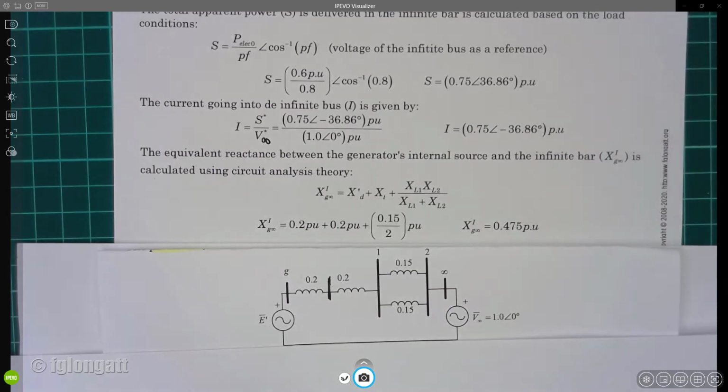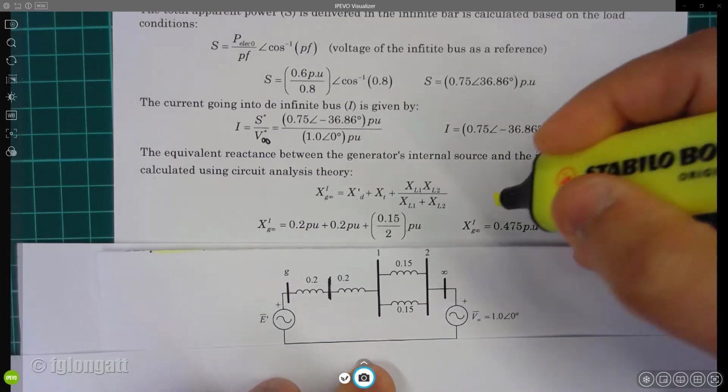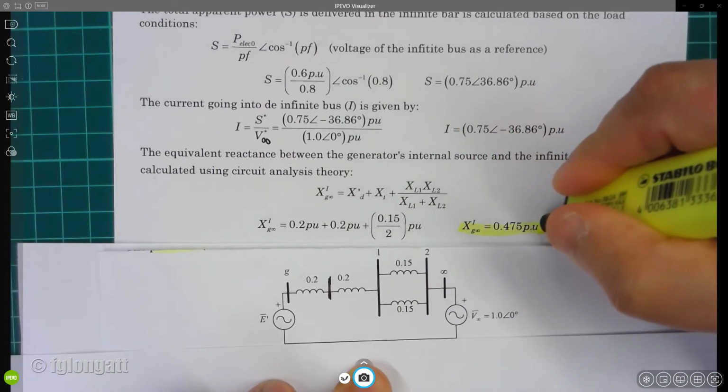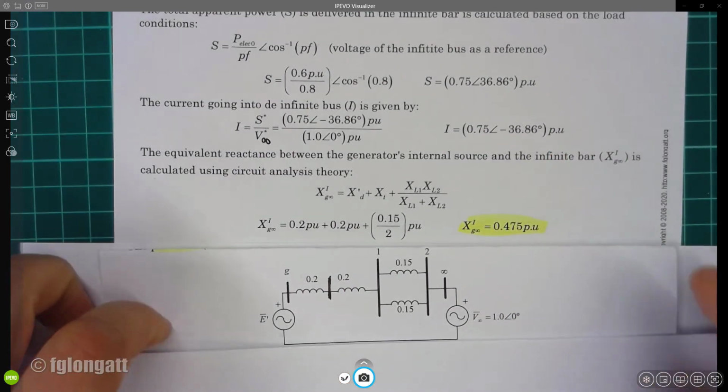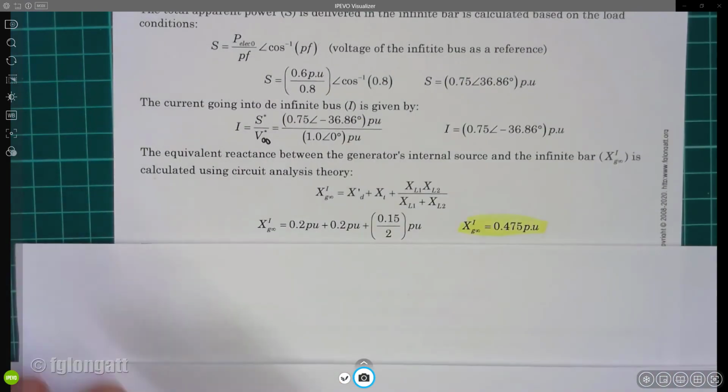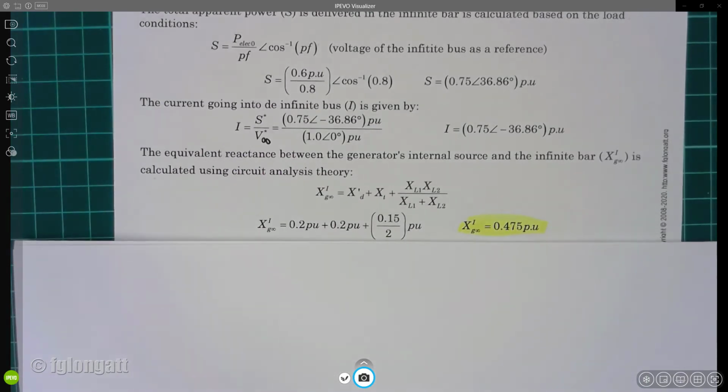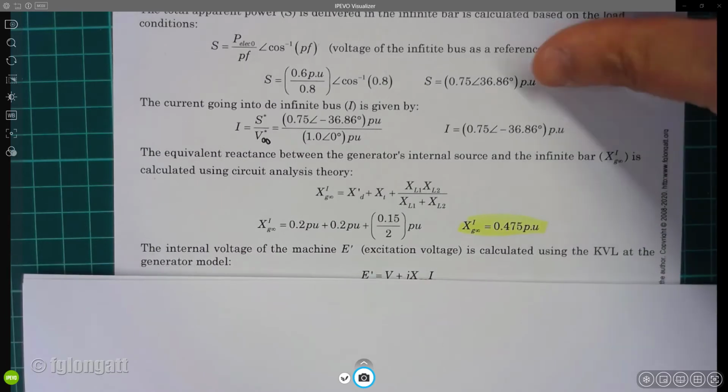Here we get the result, what I was looking for: 0.475 per unit. That is the reactance defining the power flow moving from the generator to the infinite bus bar.